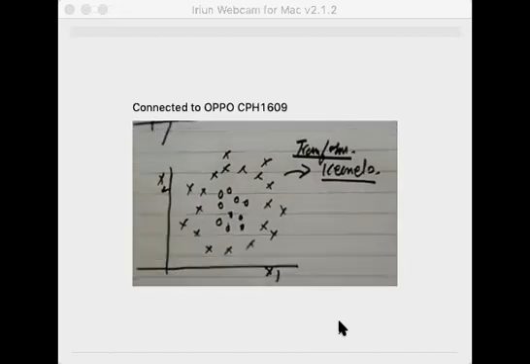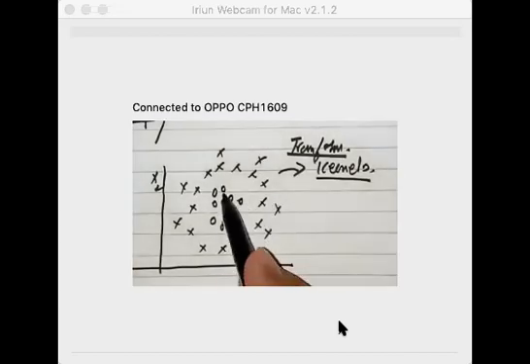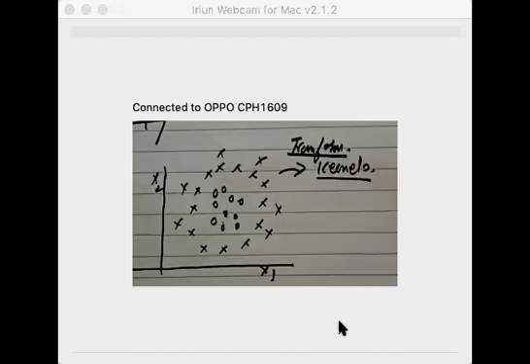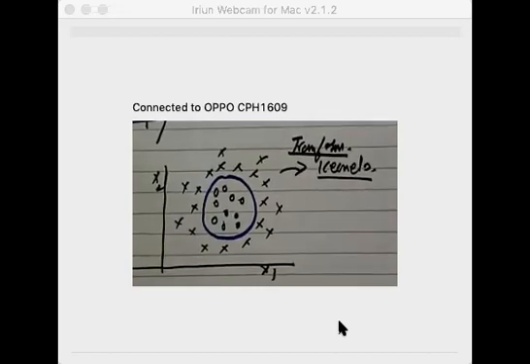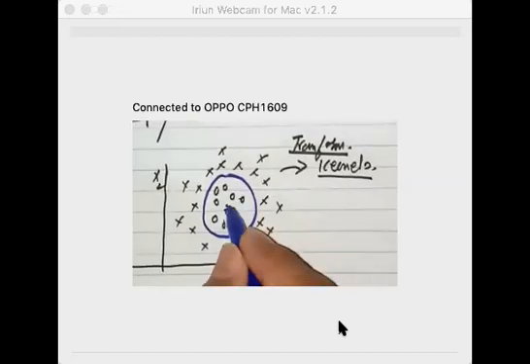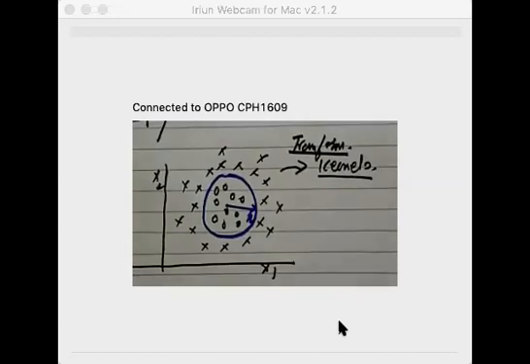Okay, if you look at this data, you can see that I can draw a circle around one class. I can draw a circle here, right? So that means कि linearly तो separable ये नहीं है, लेकिन एक circle जो है of a given radius from the center, and let's call this R, अगर इस circle के अंदर है तो ये एक class है और circle से बाहर है तो दूसरी class है, ठीक है.